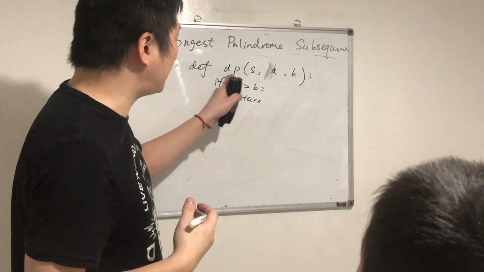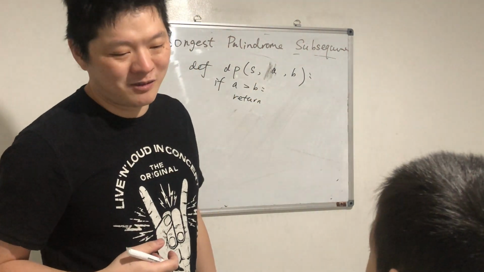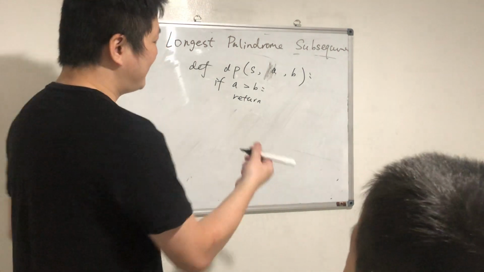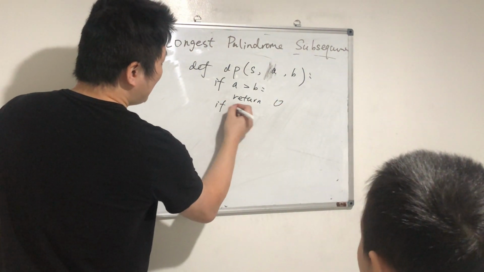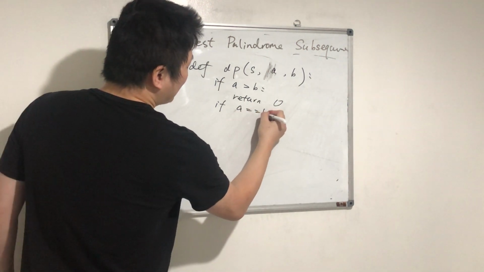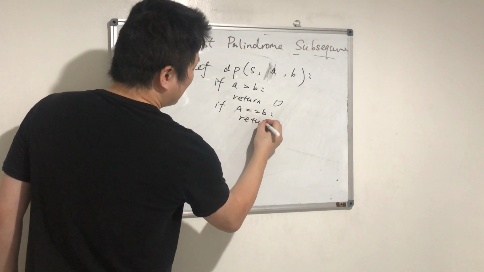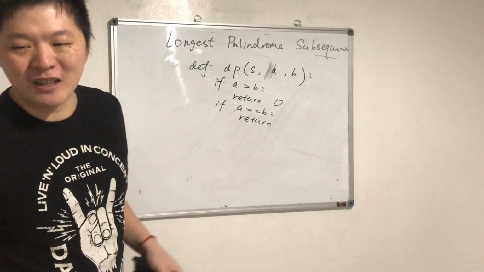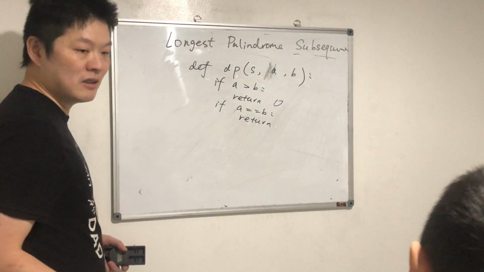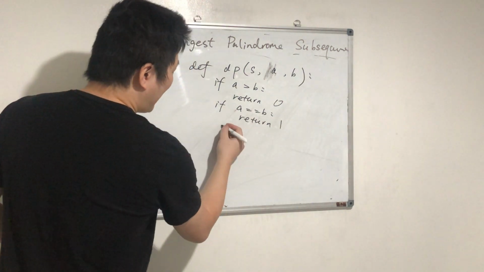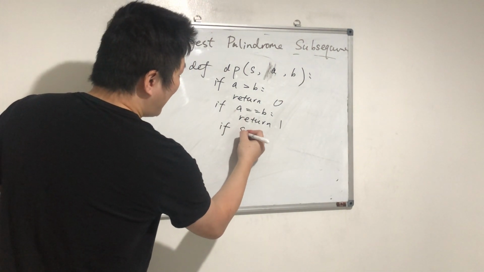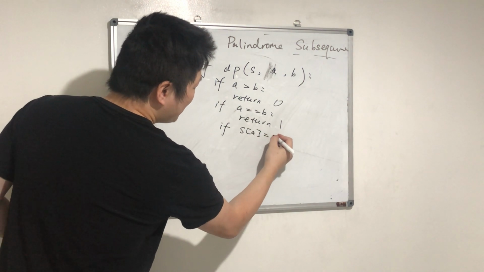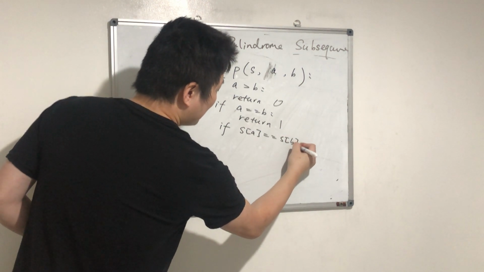If the left bound is bigger than the right bound, return 0, because that doesn't make sense. If a equals b, the boundary is the same, it's a single character, return 1. If S[a] equals S[b], return what?